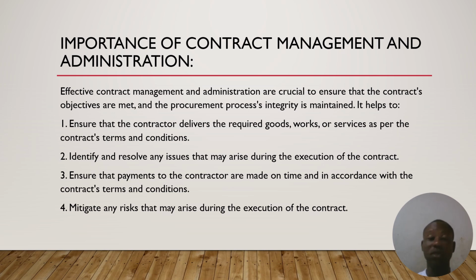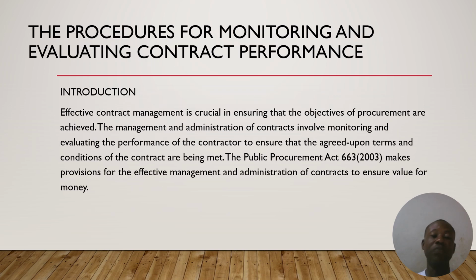We have to identify and resolve any issue that will come up in the process of reviewing the contract. It's our duty. We should also ensure that the contractors are paid. Whatever payment we have to make, it is our duty to make sure we follow it through, and then we have to mitigate all kinds of risk that will come on the way of executing the contract.